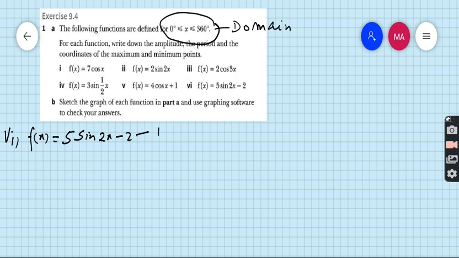Assign the name of the equation is 1, and write the standard equation, that is fx is equals to a sine bx plus c, and assign the name of the equation is equation number 2. Now compare both the equations. You will have the value of a is 5, that is the amplitude.